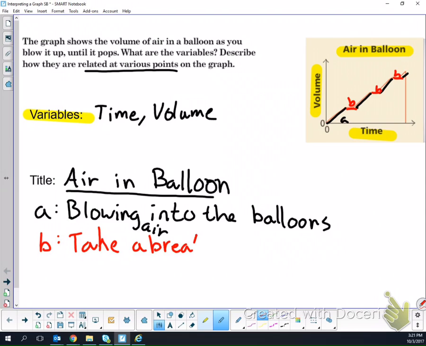All right, so this is where the person stopped to take a breath. All right, so I've described my different sections that I have so far. Where it's increasing, we're blowing air into the balloon. In those sections where it stays flat, we're not increasing in volume, but we're not losing any volume. The person was probably just taking a breath.